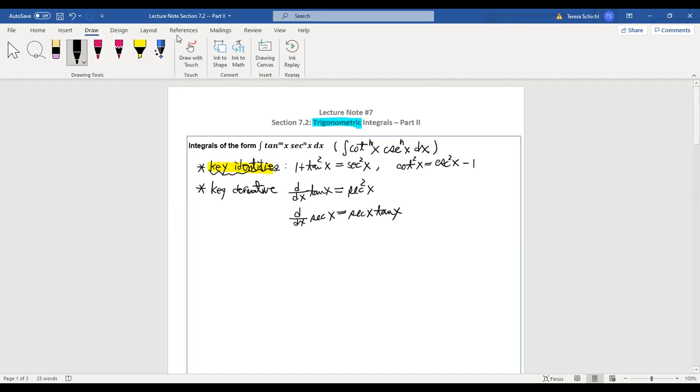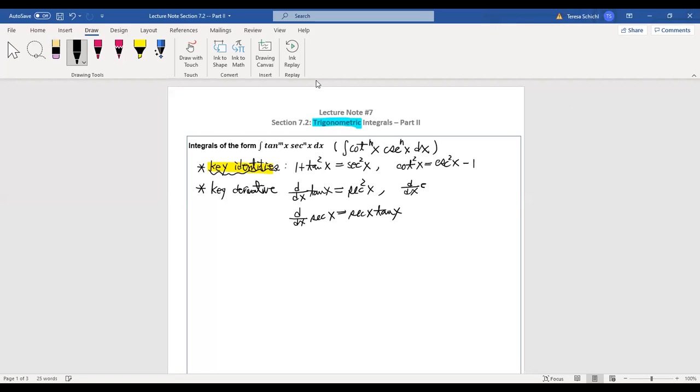The same way, we can talk about the cotangent and the cosecant. As we remember from Calculus 1, they are similar. That's why we put these two together: the tangent and secant and the cotangent and cosecant have very similar properties.